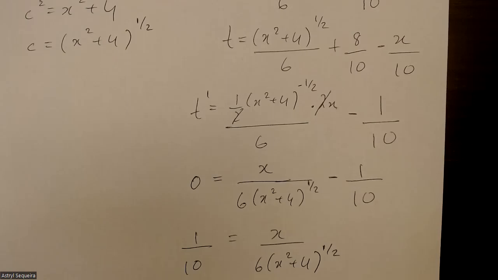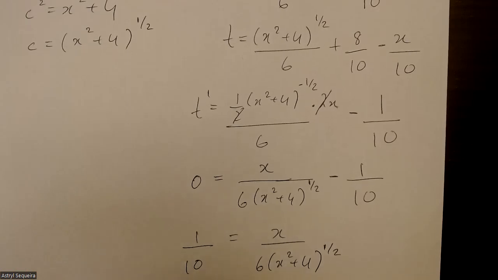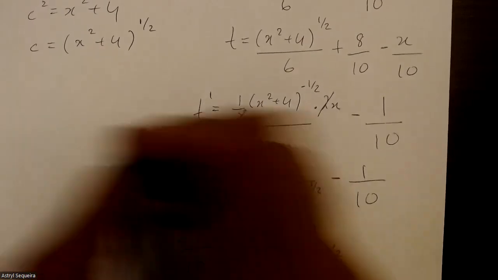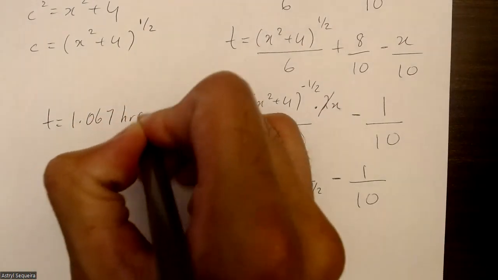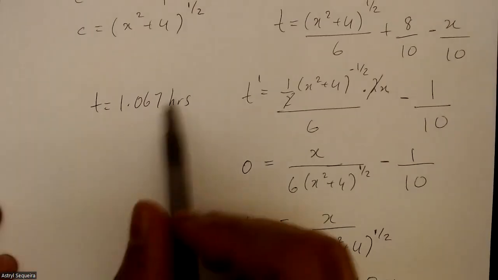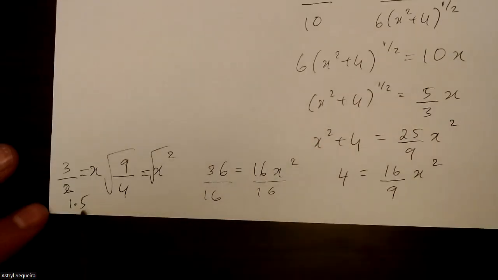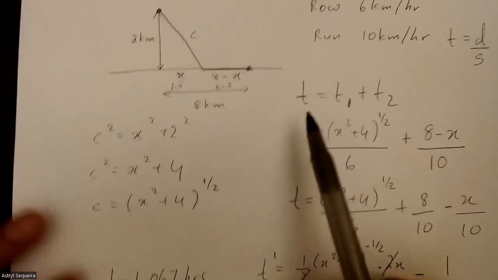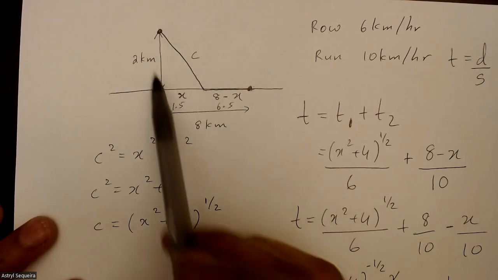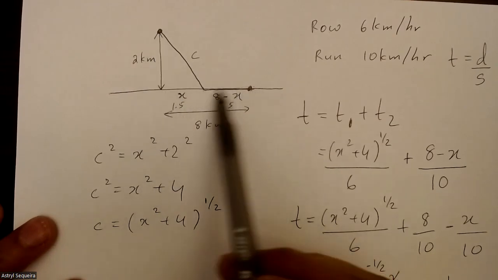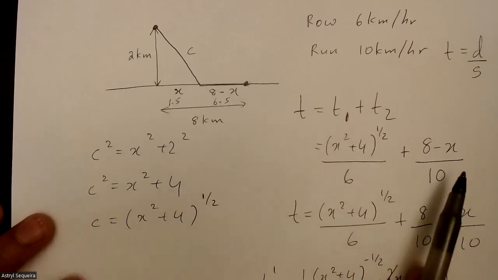And that minimum time will be 1.067 hours. So that's the actual minimum time, and x is the distance 1.5 kilometers away from basically this part over here, in line with the island, or 6.5 kilometers away from the finish line.